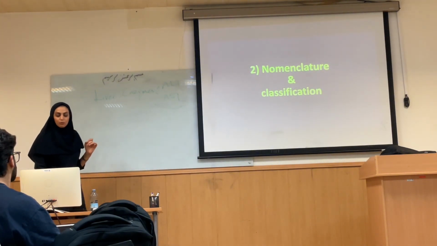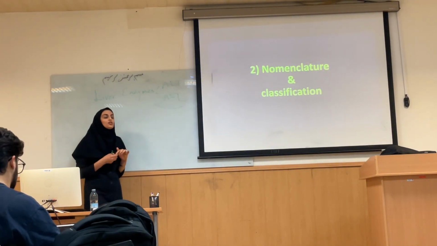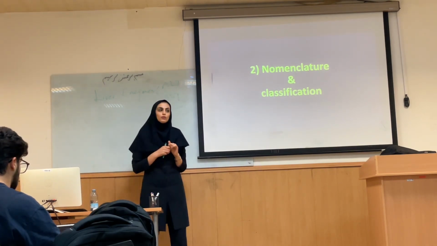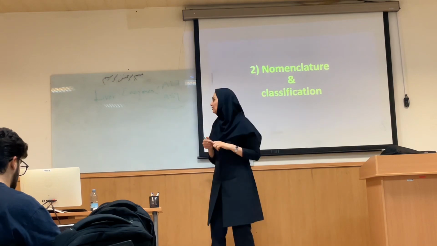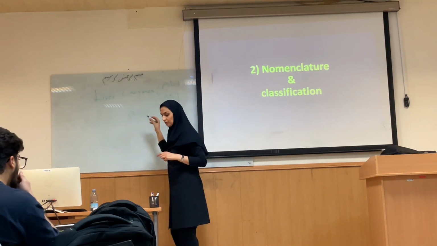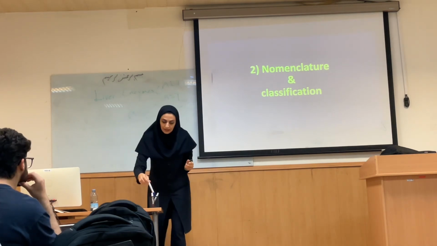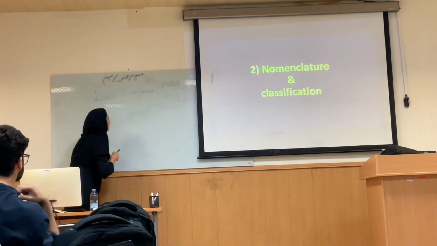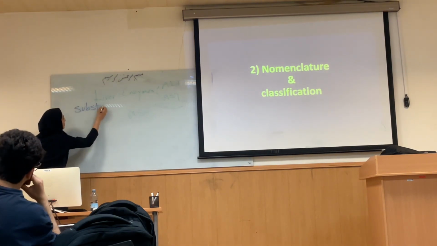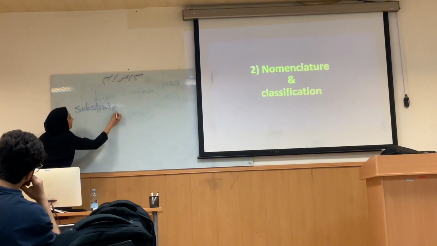Guys, what do you know about nomenclature and classification of enzymes? What do you know? The suffix used for enzymes. Yeah, the suffix "ase" is generally used. The "ase" can be added to the substrate name, am I right?